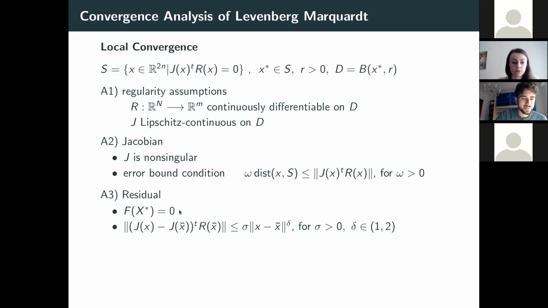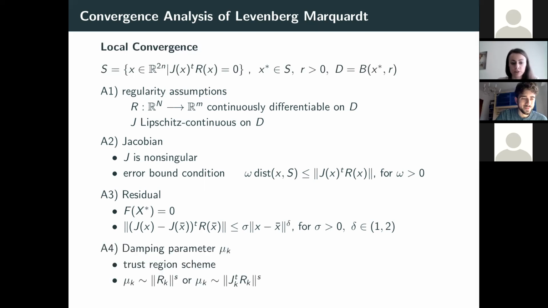Otherwise, if the residual is non-zero, we need to add a condition that in some sense ensures that J transpose J is a good approximation of the Hessian. And this is the assumption that is usually made. And it works because this is in some sense a combined measure of residual and nonlinearity. And so in a neighborhood of stationary points, this tells us how good an approximation J transpose J is.